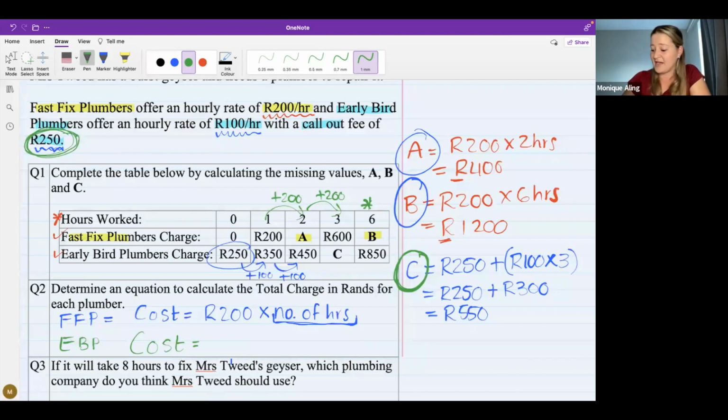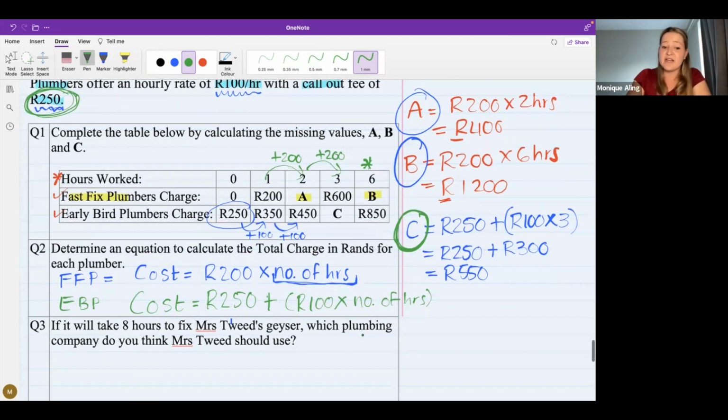So I'm going to put that in. 250 Rand, plus you pay an hourly rate. So it would be your 100 Rand times your number of hours, or you can say times X. So again, it's a general formula.